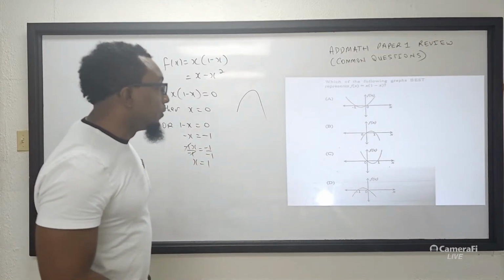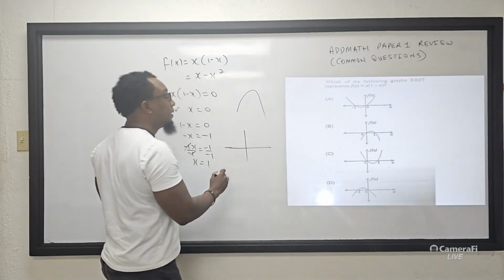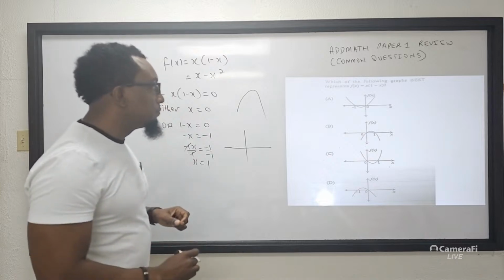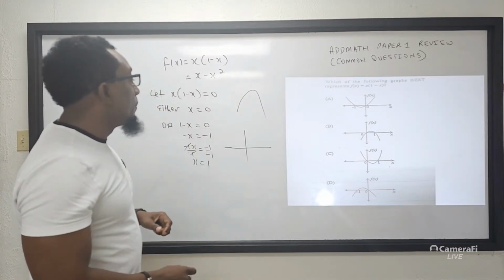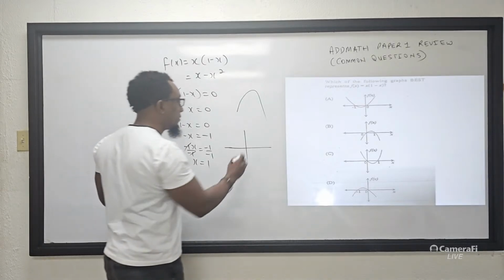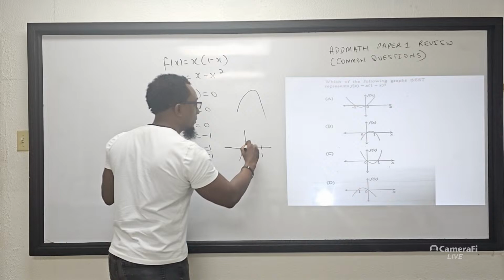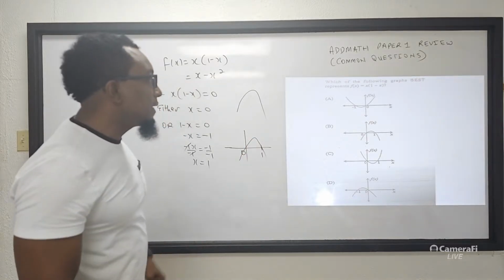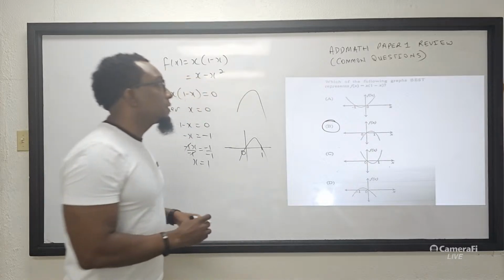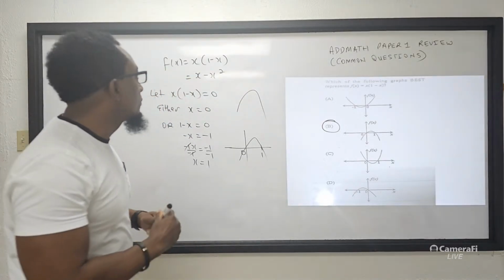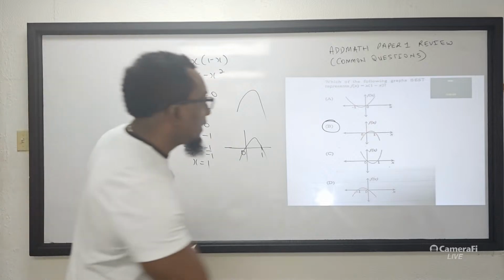So therefore we know that your curve will be concave down, but the roots are 0 and 1, so we're looking at this. Alright, whose answer is B. So the answer is B for that question. Okay? So let's move on to the next.